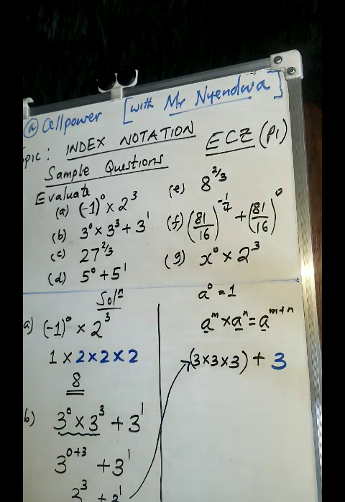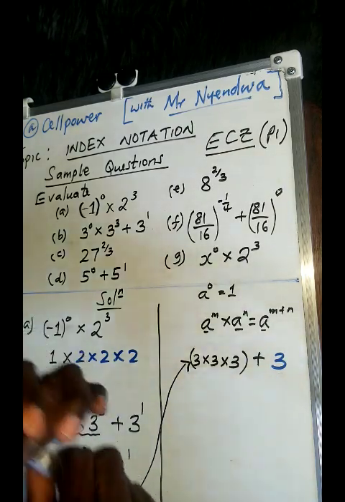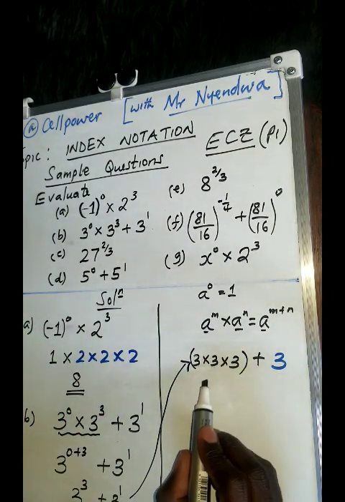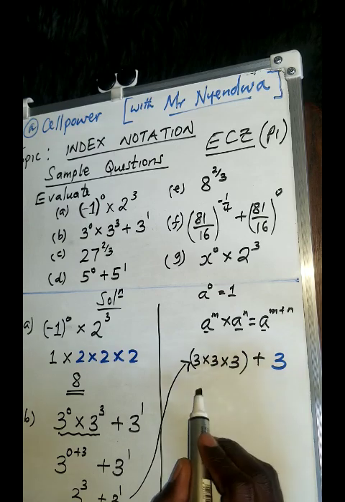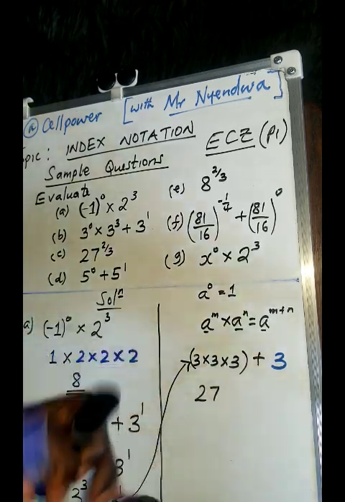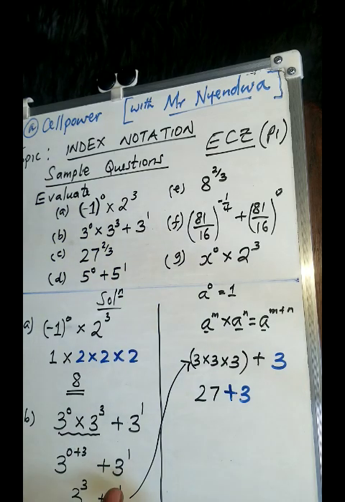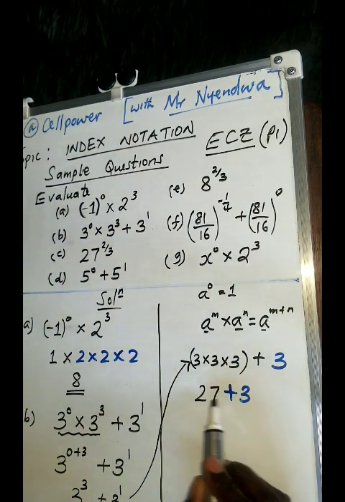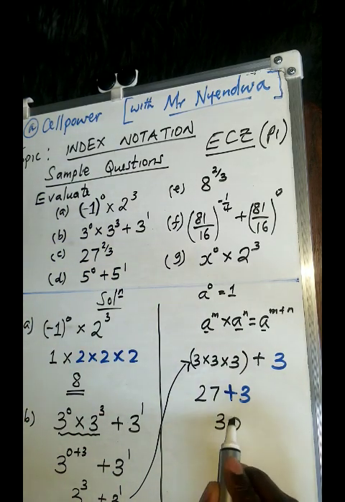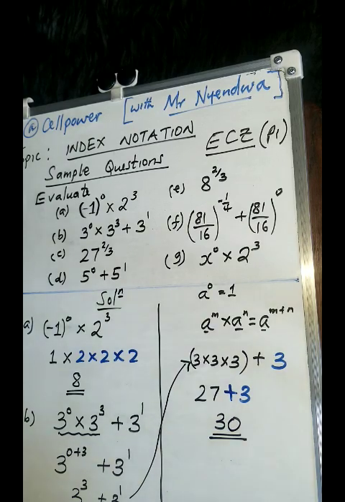In other words, you only have 1 three. So 3 times 3 times 3, 3 times 3 is 9, 9 times 3 will give us 27, plus the 3 coming from 3 raised to the power 1. So this plus that is going to give us 30, and that becomes your solution.